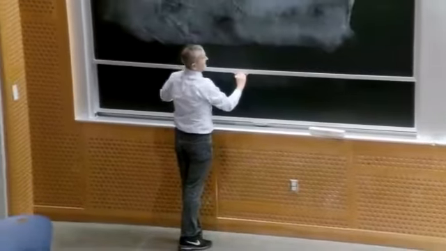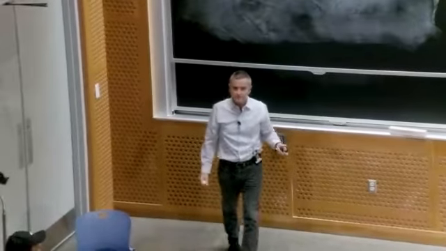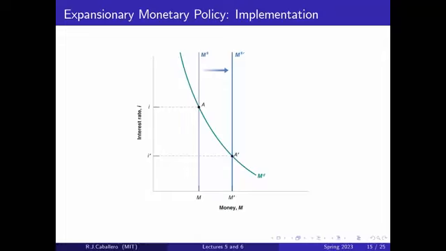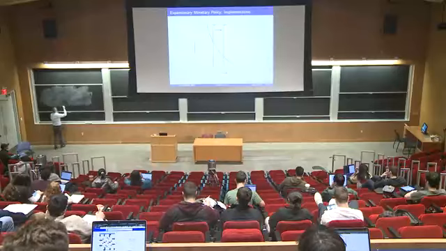This will allow me to illustrate the modern approach. Remember, the Fed's decision was not to increase the money supply by 35%. What the Fed communicated to the market was that it was going to cut the interest rate by 50 basis points. Initially, the way it does that overnight is it goes out and does exactly that.